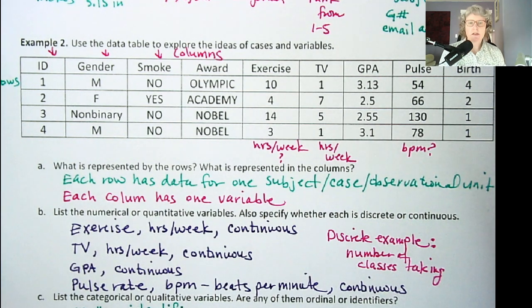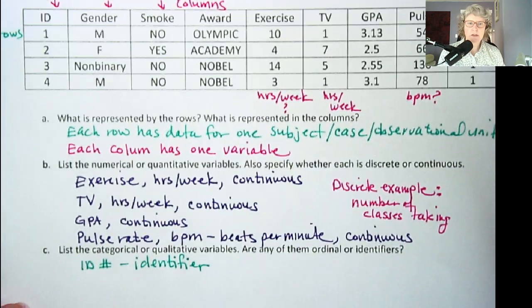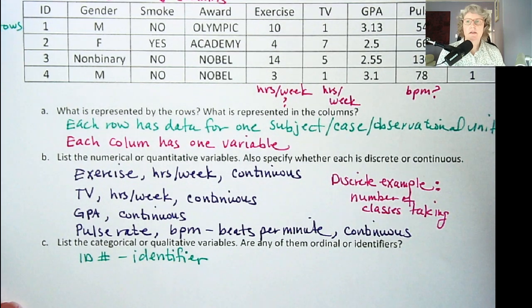On the Kiki Booba survey, you may have noticed I said it was anonymous, and I did not include an identifier. That was purposely so that you're not identified. If there's no identifier variable, then it's anonymous.